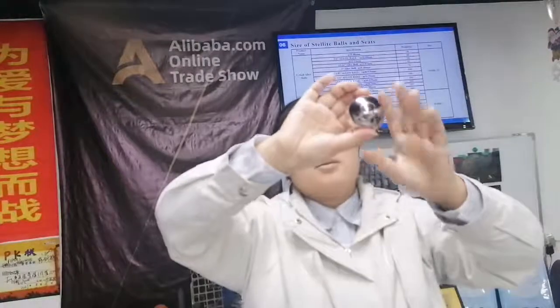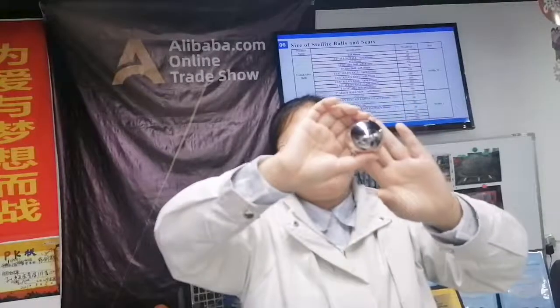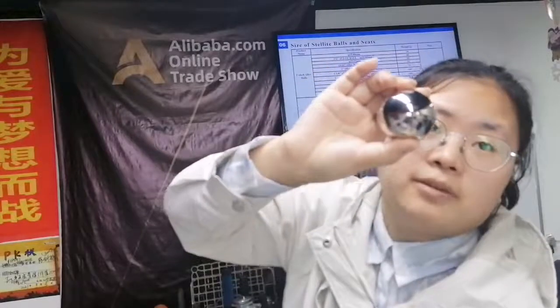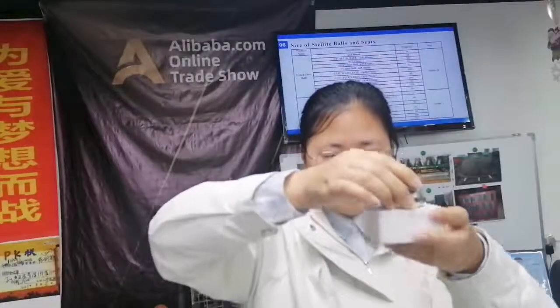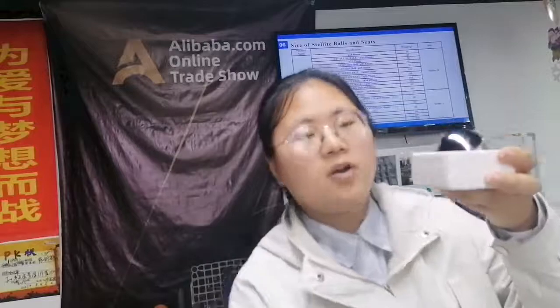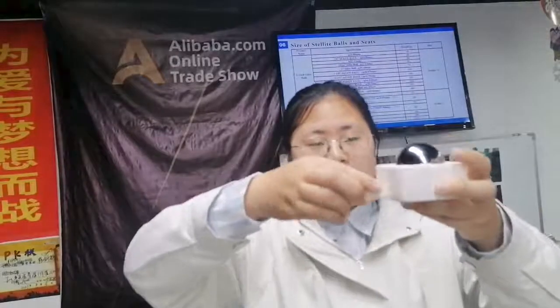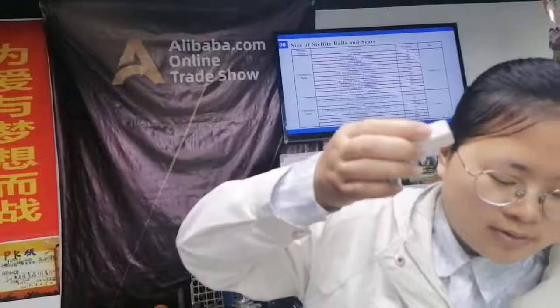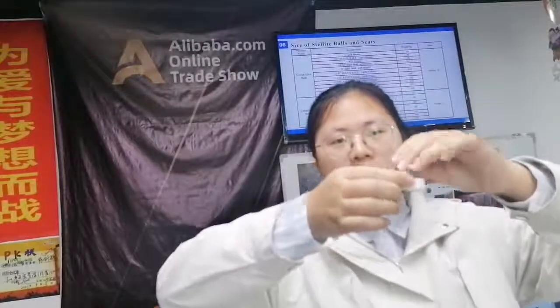You can see the size is diameter 15.88 millimeters. The material is stainless 20. The surface is G100.